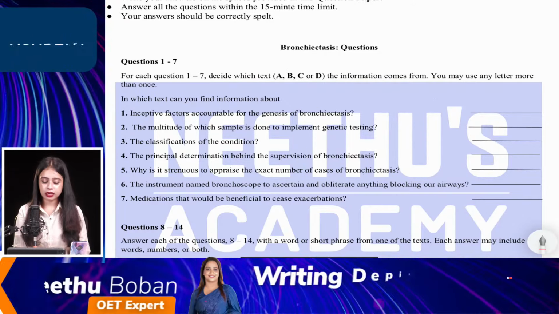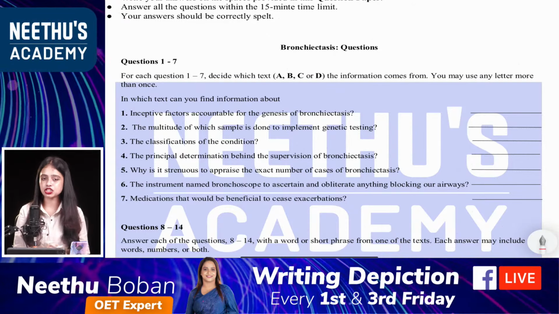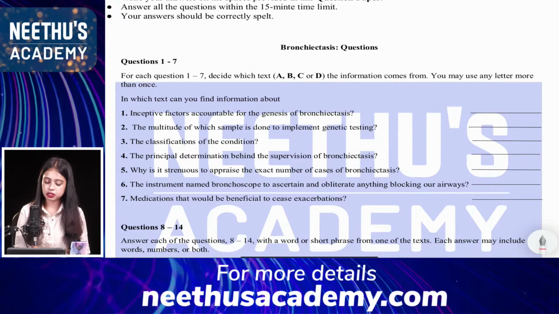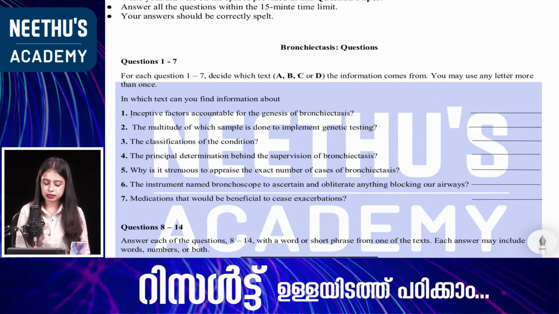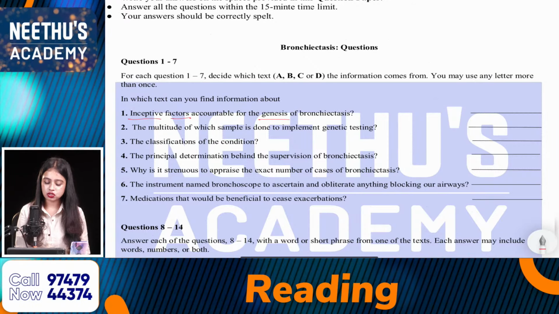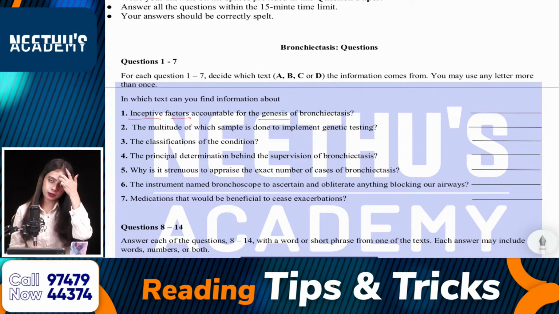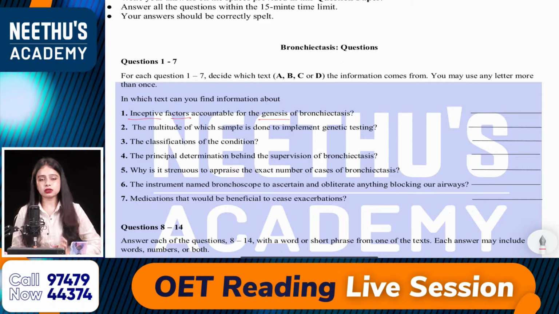First one: inceptive factors accountable for the genesis of bronchitis. So my keywords: inceptive, factors, then genesis. Accountable we know is reasonable, responsible, or answerable. So what about these types of words?